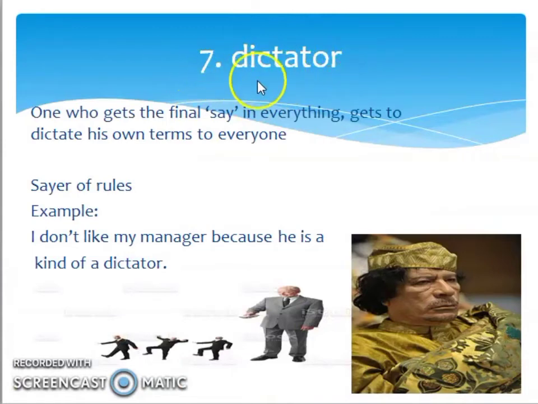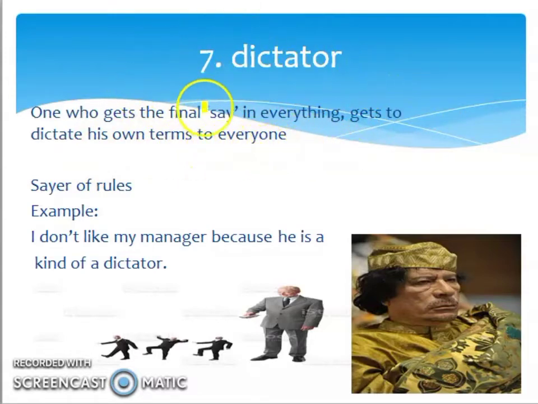dictator. So we could see the root word dict in dictator, right? So what is the meaning of dictator? One who gets the final say in everything, gets to dictate his own terms to everyone.